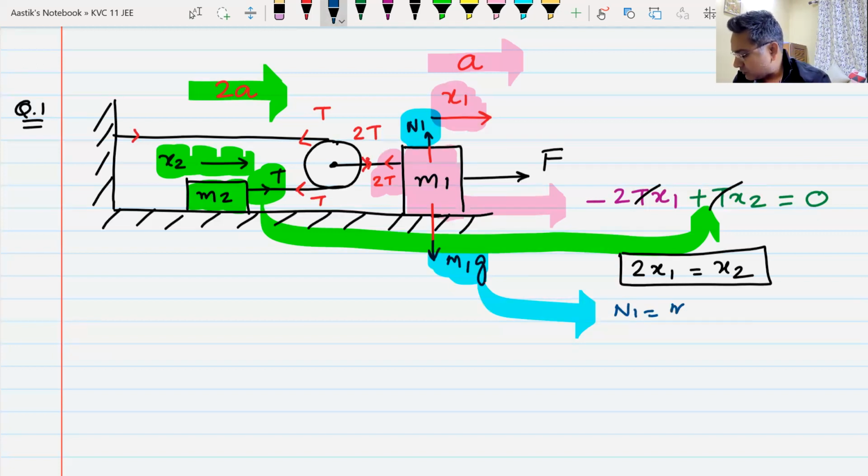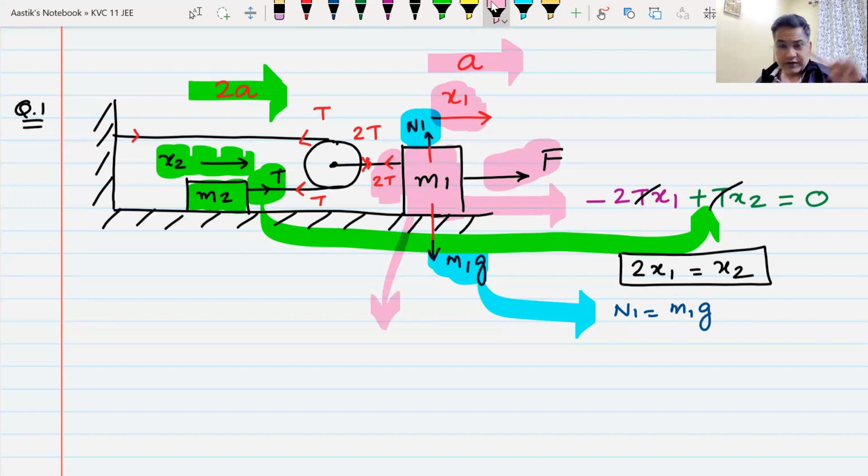N1 is equal to m1g. We are not going to use it here, but sometimes we might use it. Let us look at the pink equation, which is of prime importance. F is forward, 2T is backwards, and acceleration a is forward.